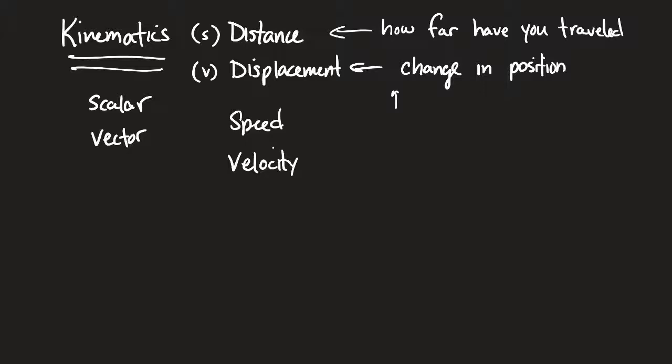So, I want you to consider the difference here. Distance is a scalar. It doesn't indicate any of the directions you've traveled. It's just how far you've gone. It is just the odometer, like in your car. Displacement is a vector, and that's what's important about its difference. It should not only tell you your change in position, but in what direction you came from.